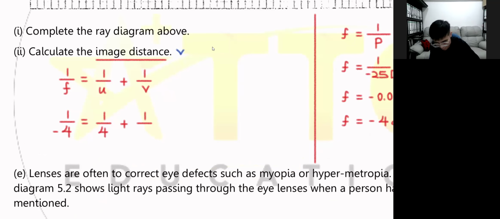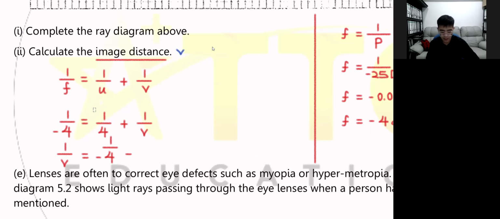Then you can find your image distance by doing some algebra. So 1 over V equals negative 1 over 4 minus 1 over 4. The positive 1 over 4, when you move it to the other side, becomes negative 1 over 4.